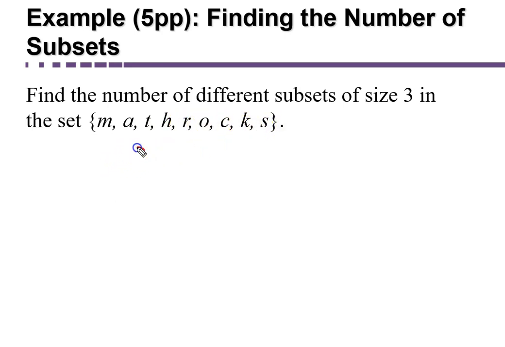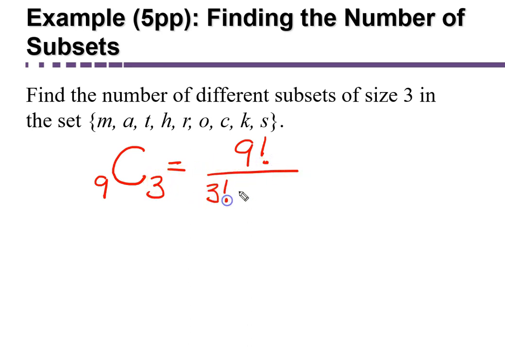So since order's not important, it's combinations of 9 items taken 3 at a time. So our n is 9 on top, 9 factorial. Our r is 3 factorial. And then it's going to be 9 minus 3 factorial.